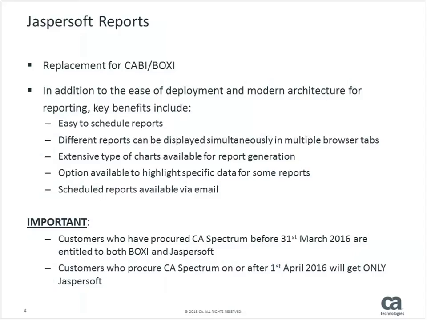One of our motivations with Jasper was, how do we replace this cumbersome usage of CABI with the Boxy solution, and then give a much easier, newer platform for reporting?